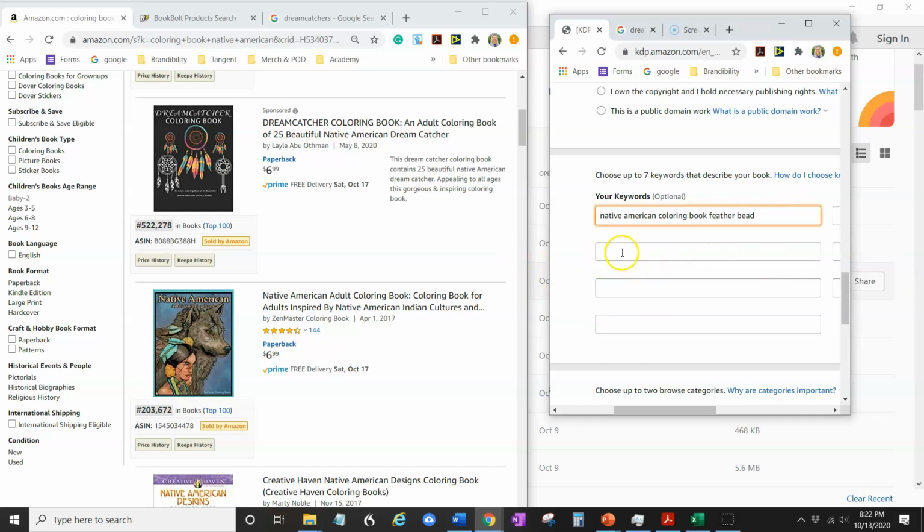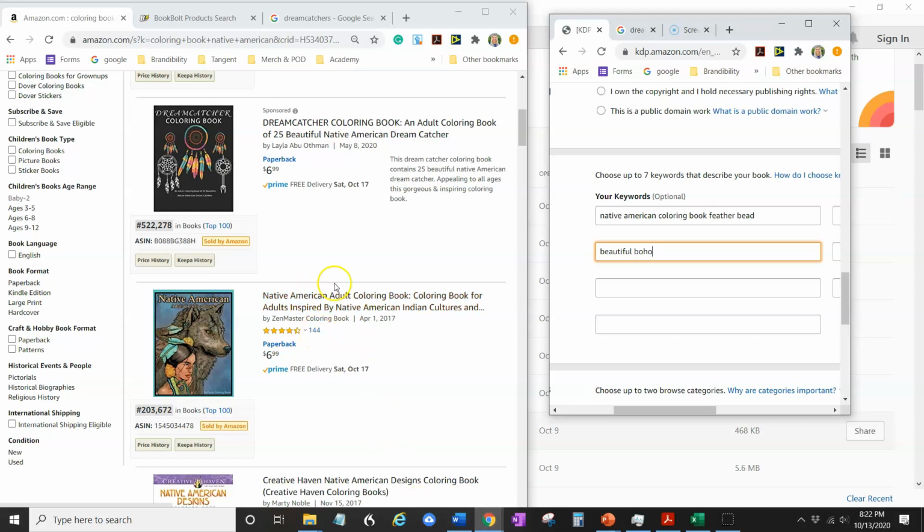All those keywords I found, what were some of the other ones we were looking at? Well, let me just look here. Oh, yeah. Beautiful. Boho. I would just find all the keywords I can.